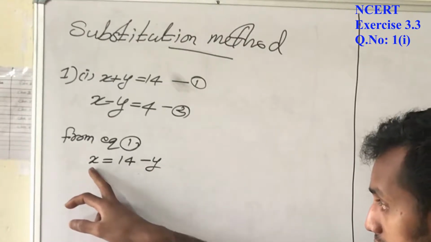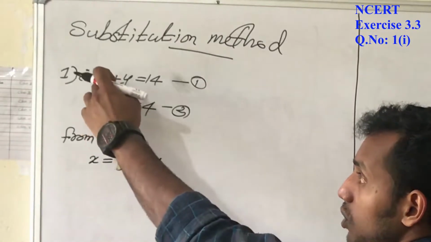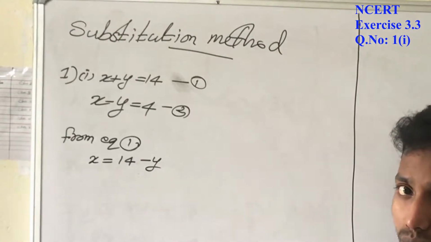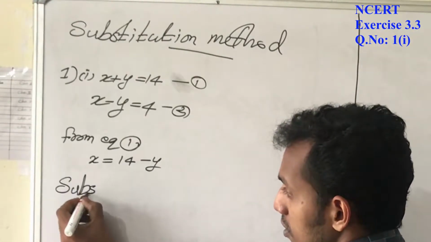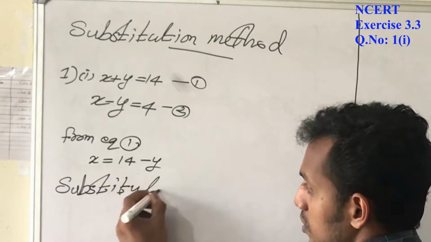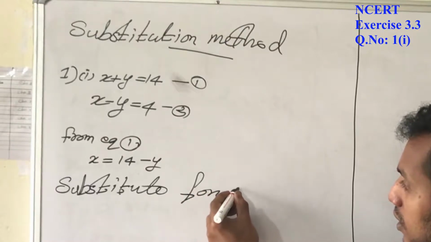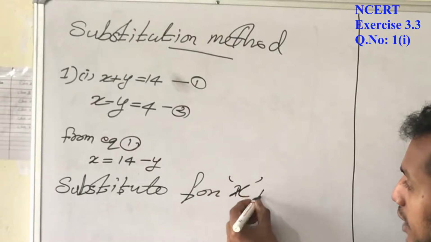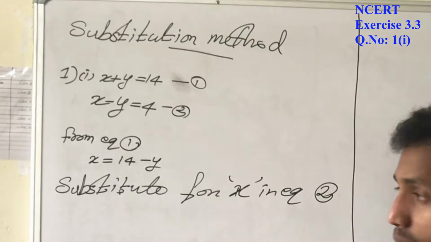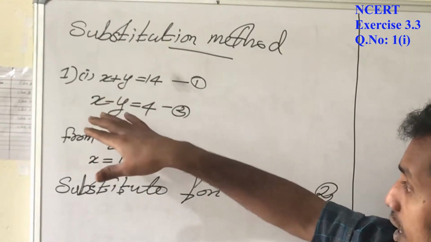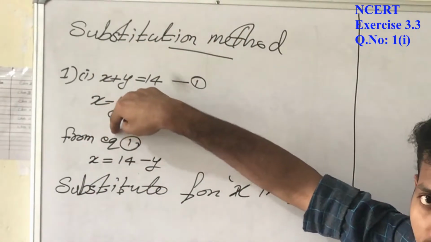So I wrote x in terms of y. You can write y equal to 14 minus x also, no problem. Now substitute for x in equation 2, because here I have written x in terms of y from equation 1.